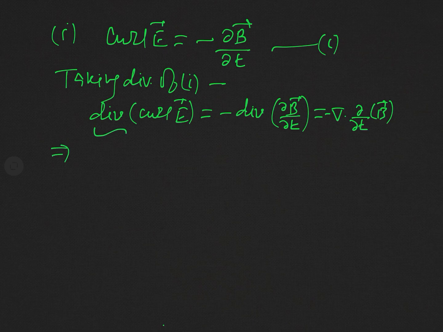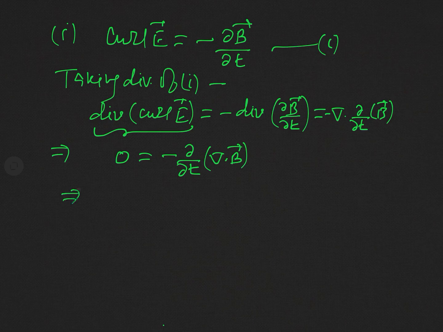At the same time, you know divergence of curl of any vector field is 0. And so LHS of this equation will be 0, and we will just interchange the space operator and the time operator. So what will this be? This will be minus del T del dot B. This is divergence of B.